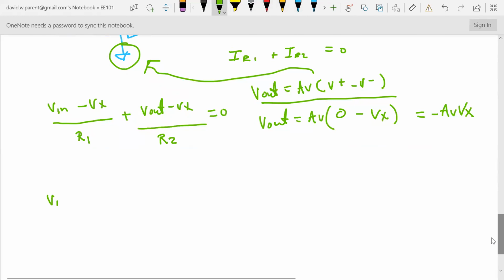I'm just spreading out the equation: Vn over R1 minus Vx over R1 plus minus AV Vx over R2 minus Vx over R2 equals 0.